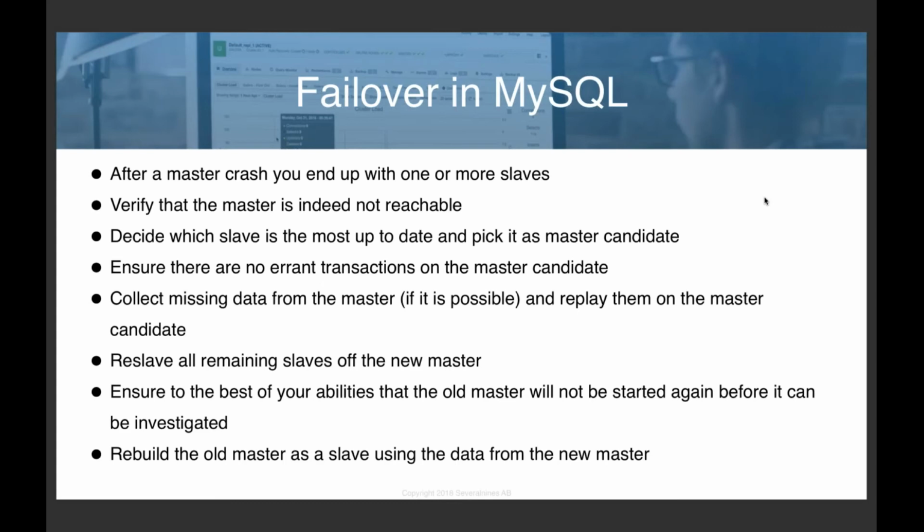The problem here is that when slaves are connecting to a master, they ask for all the missing transactions. So if your master candidate has some transactions which were not replicated to other slaves, and you promote it as a master and try to slave off other slaves of it, then they will ask for this missing transaction.